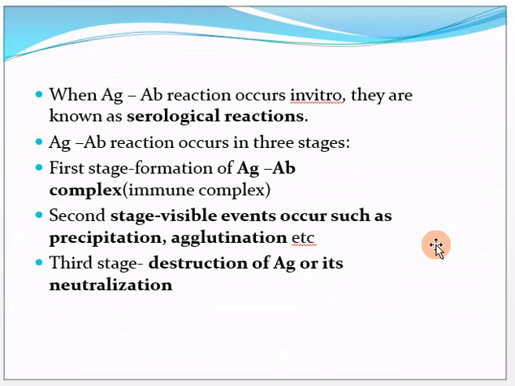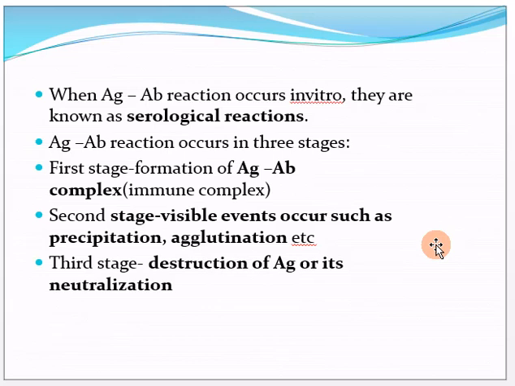serological reactions. Okay, when we say serological blood reactions, in these reactions and destructions, antibodies will try to destroy the foreign particles. This happens in three steps. First, the antigen must come close by and the antibody must react with the antigen, so there must be a binding.